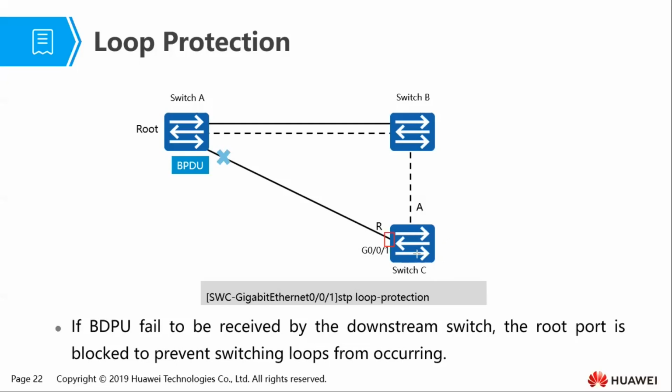Now, once that happens, what do we do? We know that the alternate here is the backup to the root. So we will make this our new root and enable it. Now, once we do that, this particular root port will become a designated port.